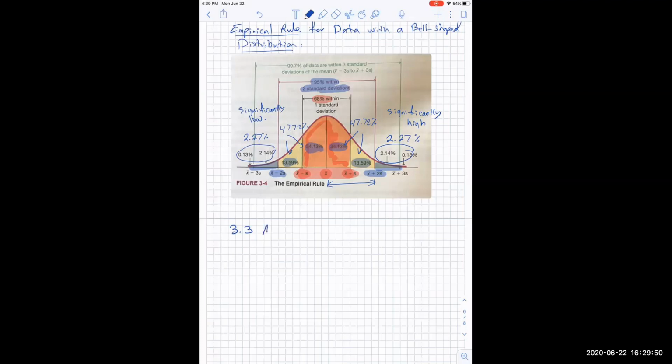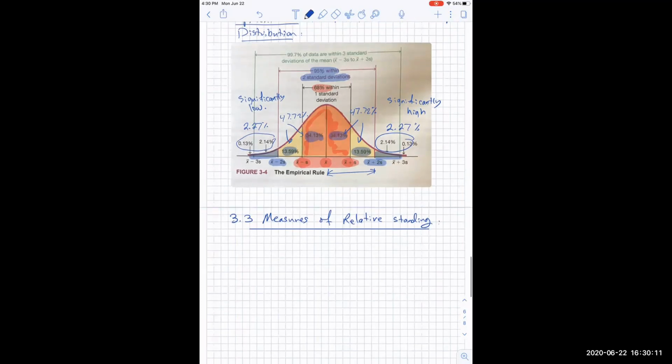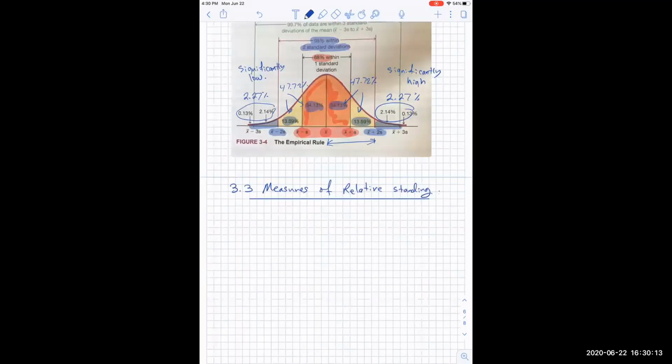Measures of relative standing. Okay, measures of relative standing.